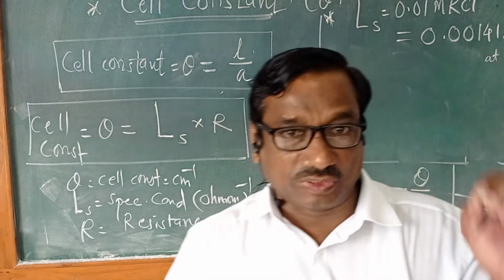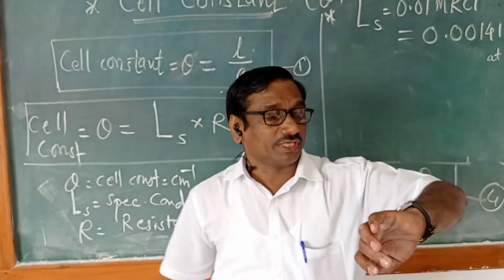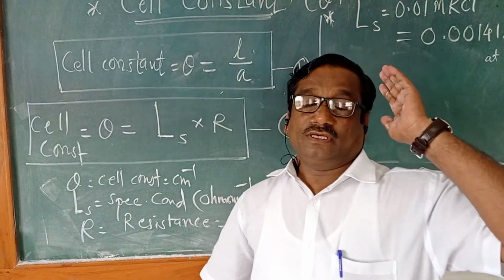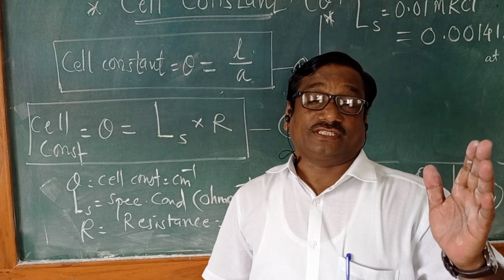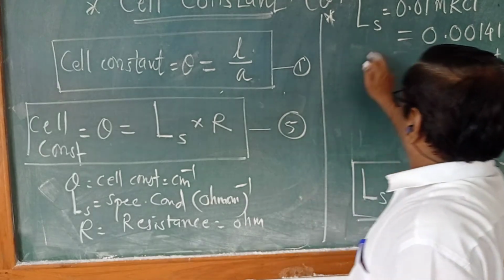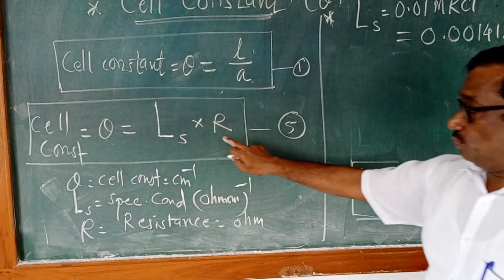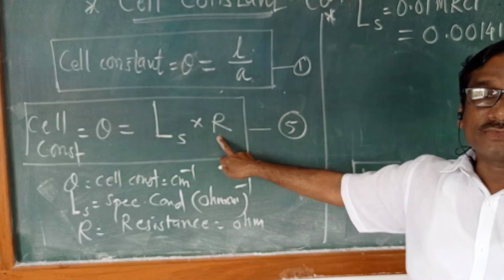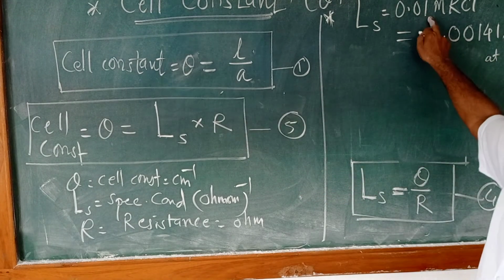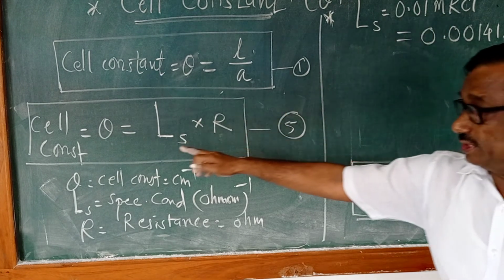This is the specific conductance of the known KCl solution. The concentration of the KCl solution is known, so this is known. Now you can measure R, the resistance of this KCl solution, and you will get theta.